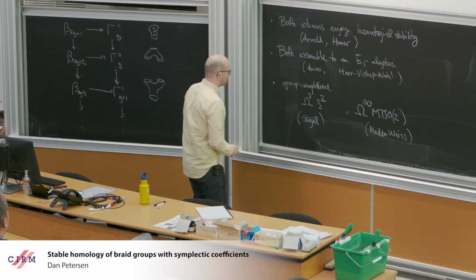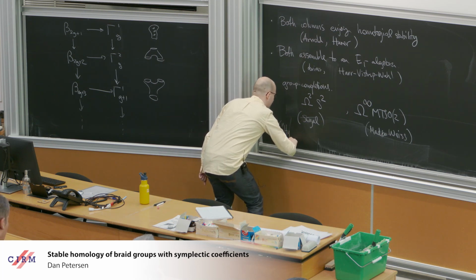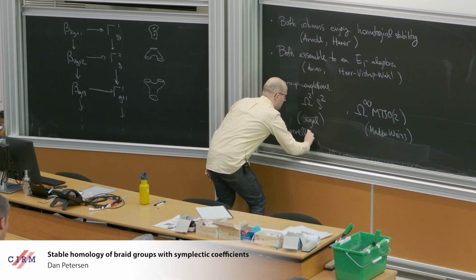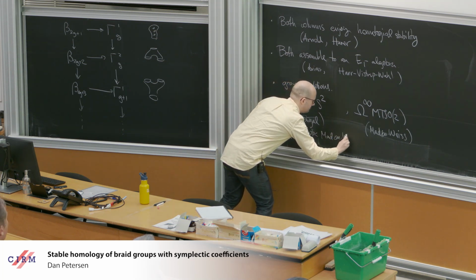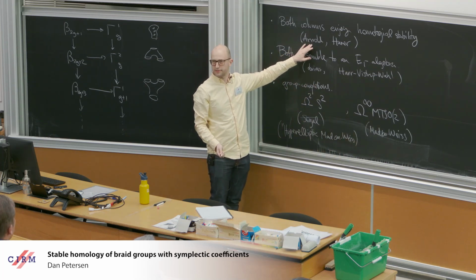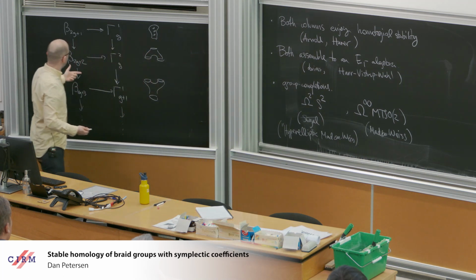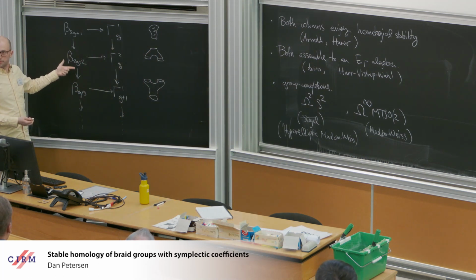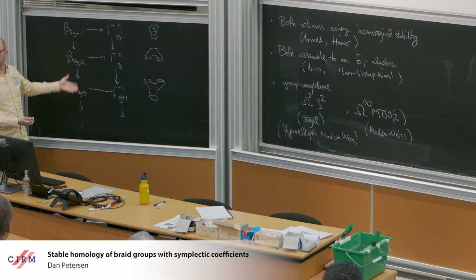And if you want, you can think of this Arnold theorem as hyperelliptic Madsen-Weiss, or hyperelliptic Harer stability, if you want to be degenerate about it, because you can identify the braid group with a hyperelliptic mapping class group in these cases. So the hyperelliptic mapping class group of a surface with one or two boundary components is precisely the braid group.